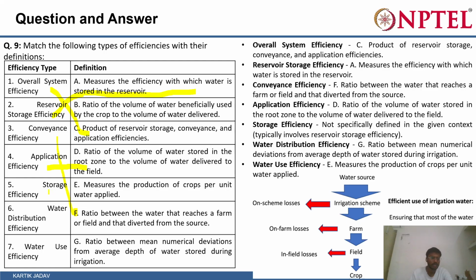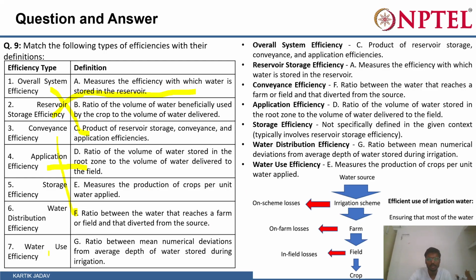But storage efficiency in general is more related, in the context of the field, to field storage efficiency. So it is related to the maximum field capacity of the soil and what water is required as compared to the current soil moisture content.